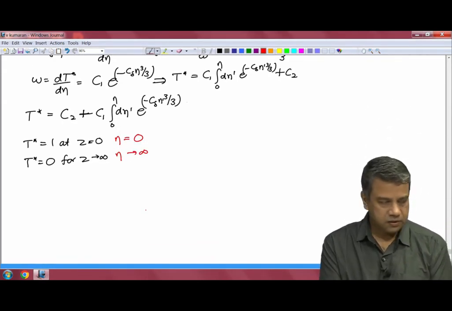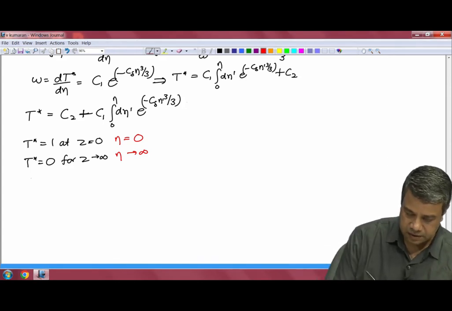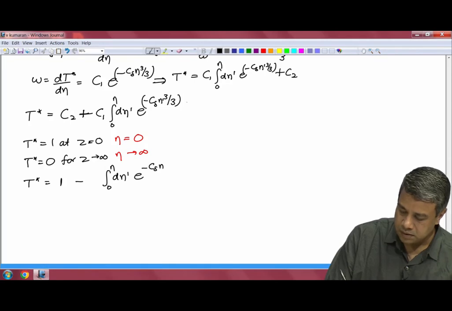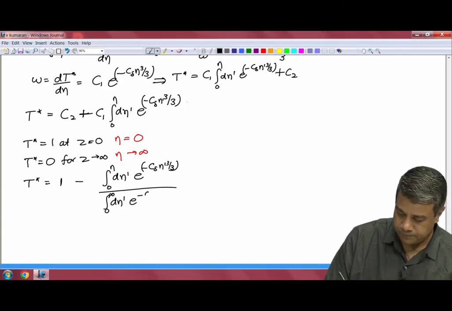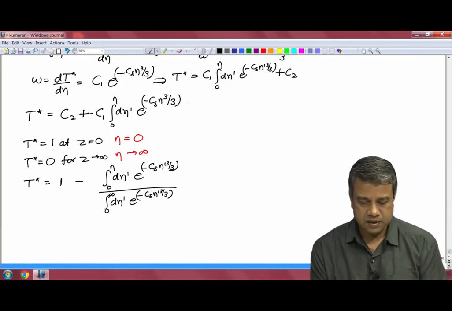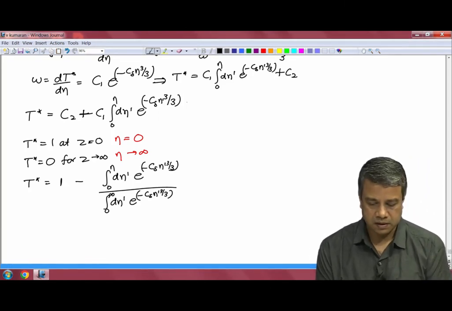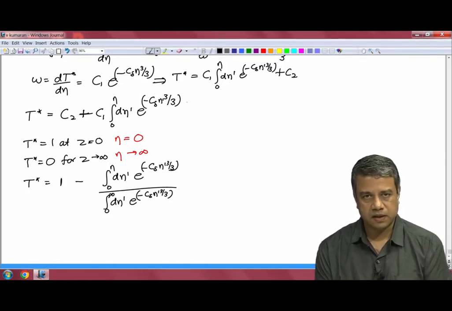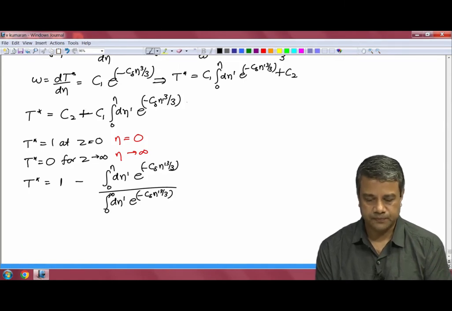Using this, you can easily verify that the temperature field is of the form T star is equal to 1 minus integral 0 to eta. So, that is the expression for the temperature field. For eta going to infinity, you can see that in the second term on the right, the numerator and denominator are the same. So, T star is equal to 0.